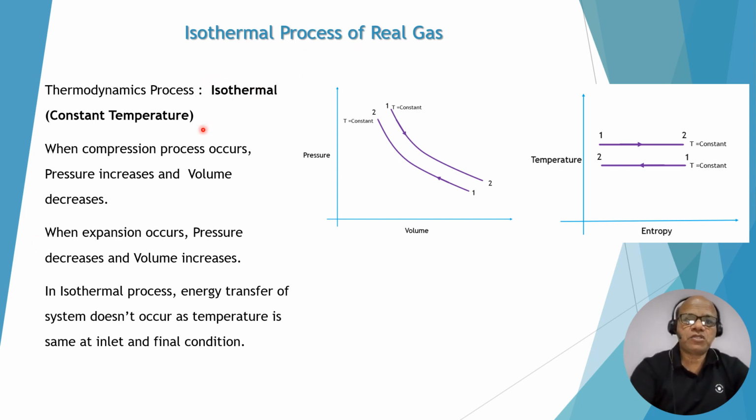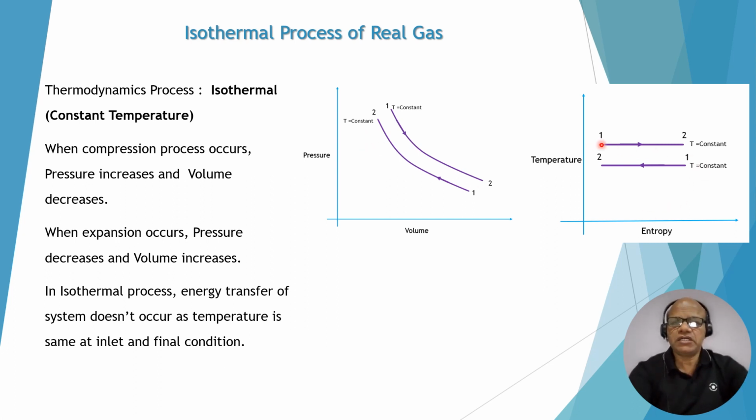Now the isothermal process, you can see on the PV diagram and TS diagram. When the expansion process occurs, volume increases and pressure drops. In the compression process, volume decreases and pressure increases.